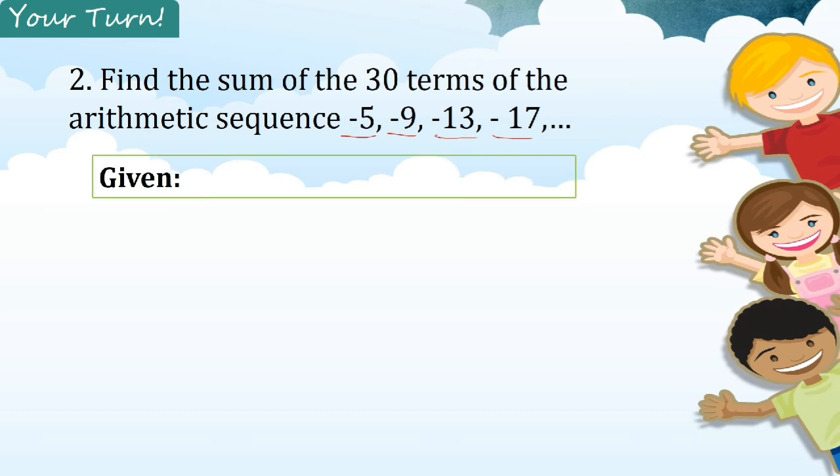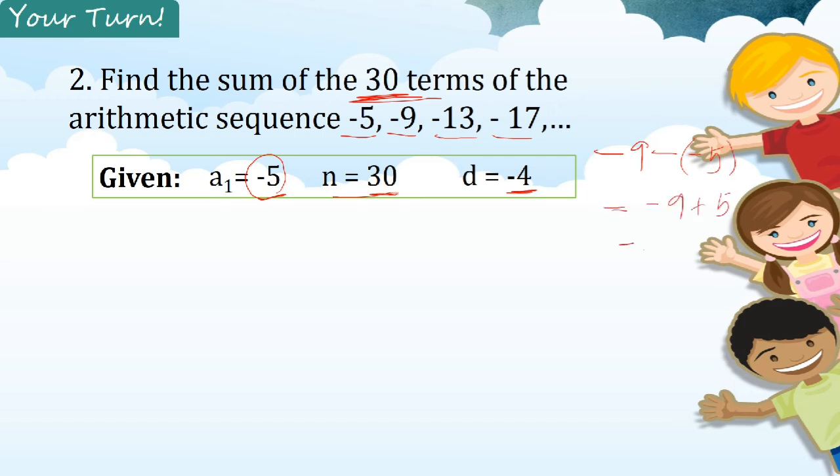So, our given here, we have first term is negative 5, n is 30, okay, so 30 terms, and for our common difference, that's negative 4, since negative 9 minus negative 5, okay, that's negative 9 plus 5 is negative 4. So, common difference is negative 4.